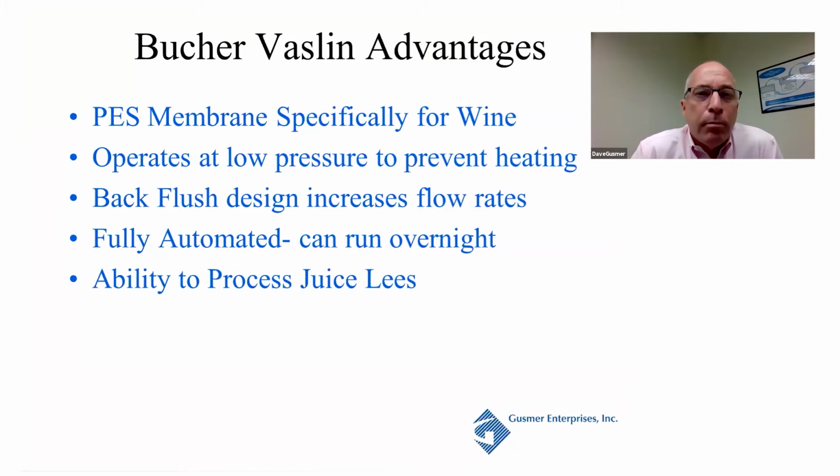The fact that we can process juice lees is a huge advantage. It's a huge advantage in terms of improving the quality of your program. You can still use that very high quality juice, and think of the wine loss reduction, the juice loss reduction. You're able to process product that previously you may have just had to throw away.